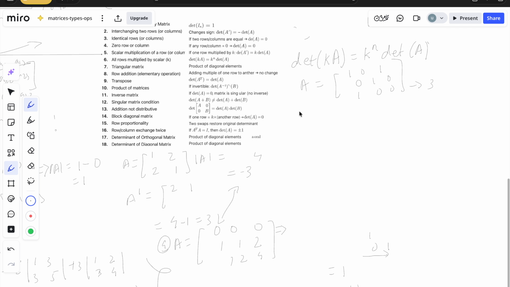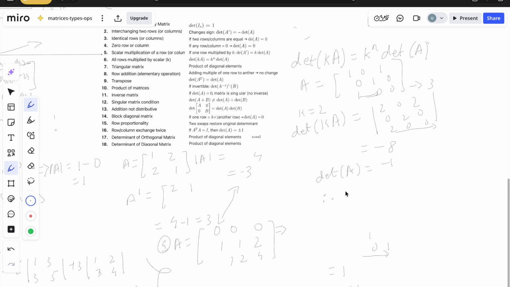So let's take k is equal to 2 here, then determinant of kA will be equal to basically 2 0 2, 0 2 0, 2 0 0. Now if we calculate the determinant of this, calculating along this particular row, it will be minus 8. And again, if we calculate the determinant of A, calculating along this particular row here, it would be minus 1.